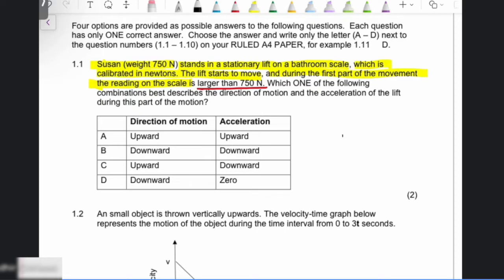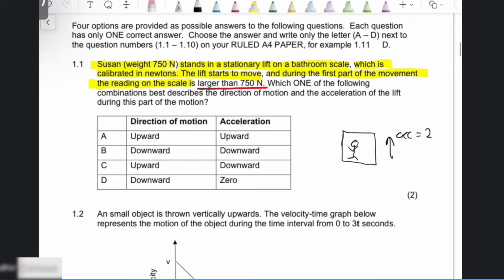I'm not sure if you guys remember me explaining this last year. For those who were with me last year, I explained that in a lift, if you accelerate upwards, that means that your weight is going to increase. So let's say we accelerated at 2 meters per second upwards.